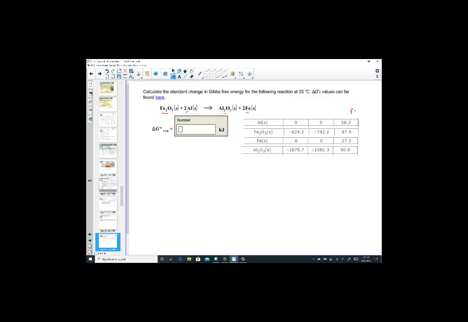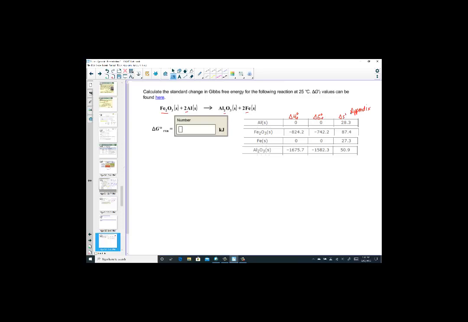And I went into the appendix for us and just did a screen clip and got the thermodynamic values. First column, of course, is always delta H, heat of formation. Second column is the delta G, Gibbs free energy of formation, and the last column is delta S.